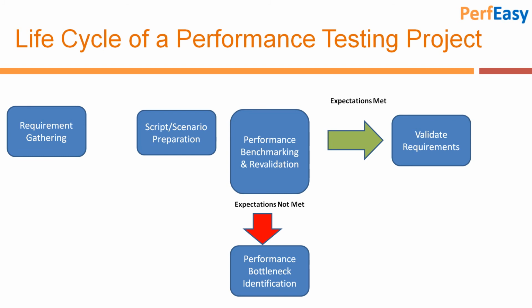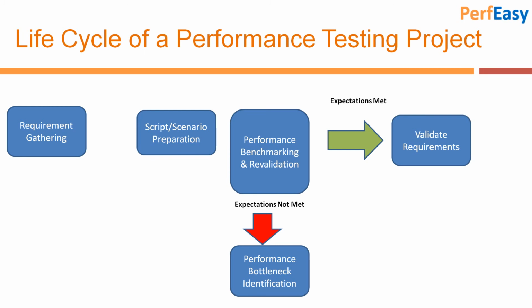Second situation, the expectations are not met, then we go for bottleneck identification. So we run detailed tests, we run specific debugging tests to identify the root cause of why the application is not meeting our performance expectations, and we try to pinpoint the bottlenecks.